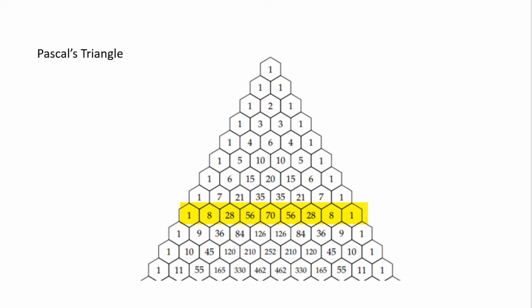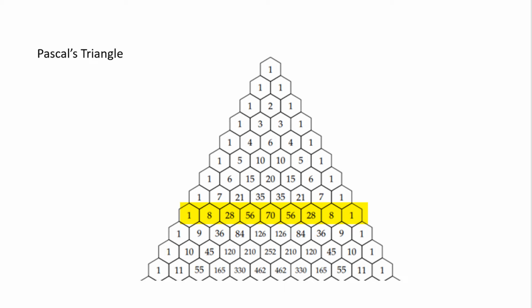Then the 1 tells us that there is only one way in which all 8 digits of this bit string is 1. Let's repeat that. There is only one way to have all ones. Now consider the number 8. That is to the immediate right of the 1. The 8 is the number of ways to have 7 ones and 1 zero.